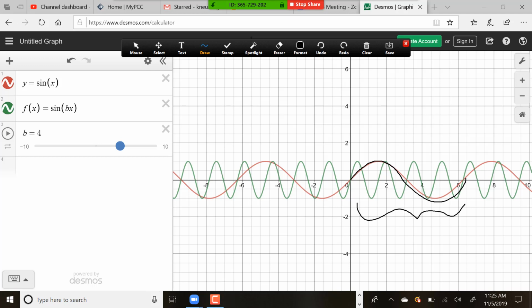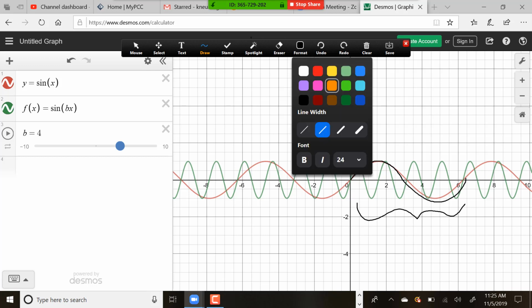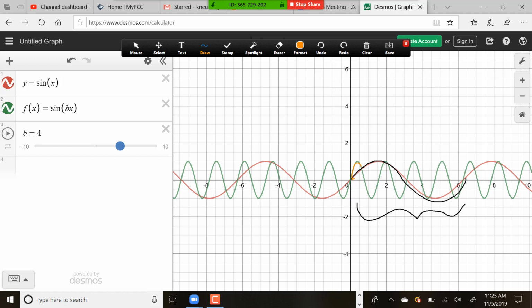How many waves on the green one do we get in that time? We get 1, 2, 3, 4 of them, which means it takes 1/4 the time for a single wave to happen. One single wave when the b is 4 happens in that little area there.